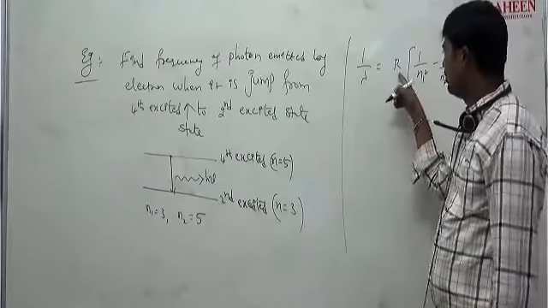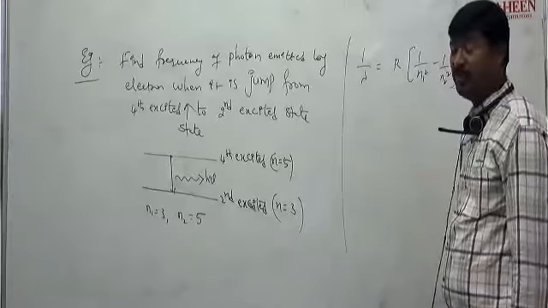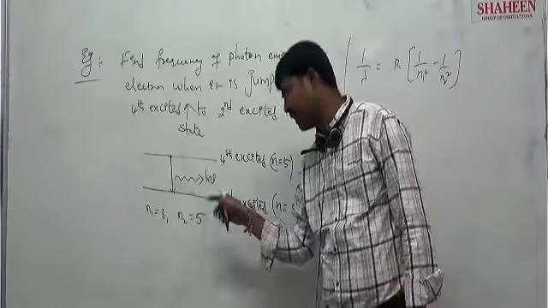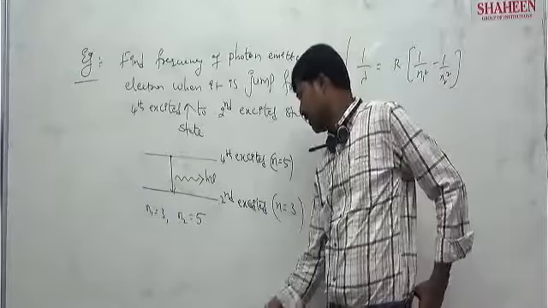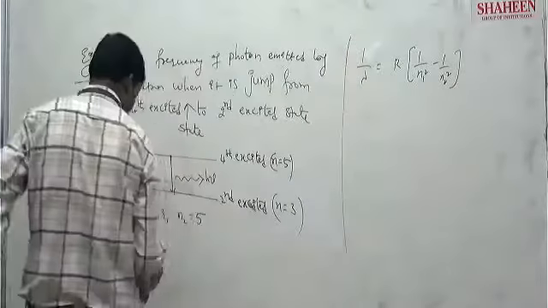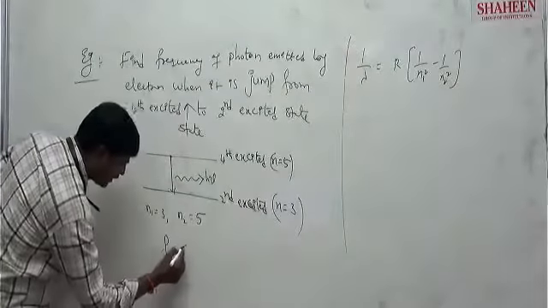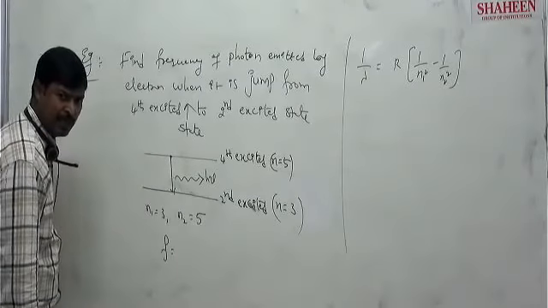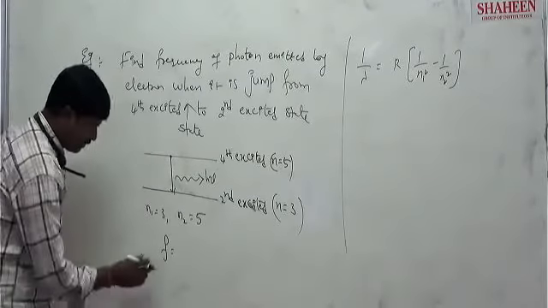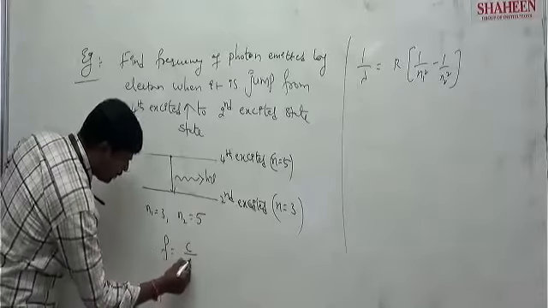So 1 by lambda is equal to R, but frequency they want to calculate. We know that photon travel with the speed of light. Then frequency can be written as frequency into wavelength equals speed of light, that is c. Then frequency is equal to c by lambda.